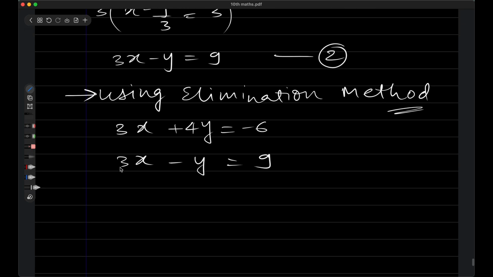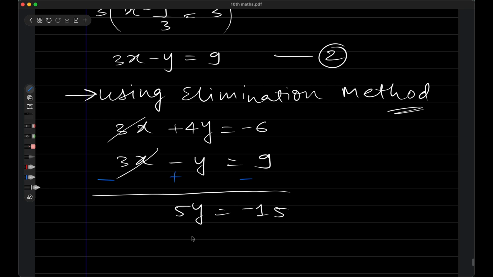We have the coefficient of x the same, so we will subtract the second equation from the first one. We will get 3x cancelled, 4y plus y is 5y equals minus 6 minus 9 is minus 15, so y equals minus 3.